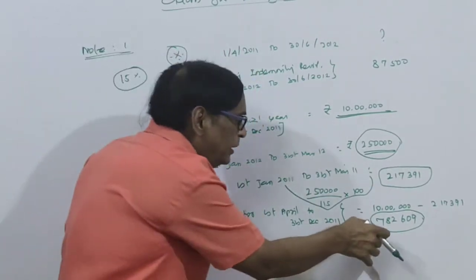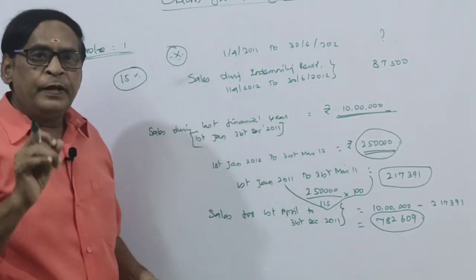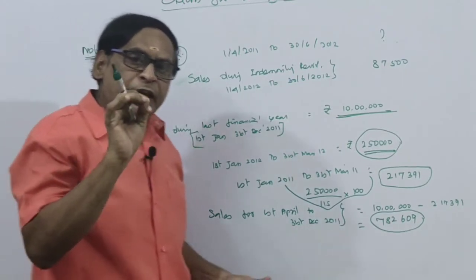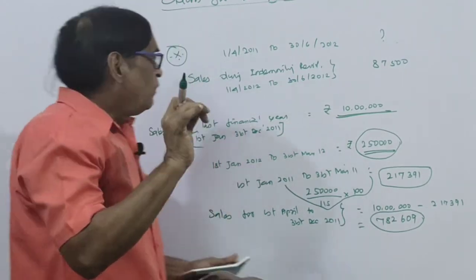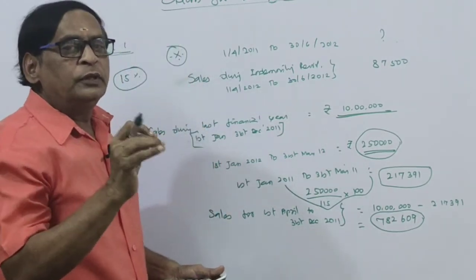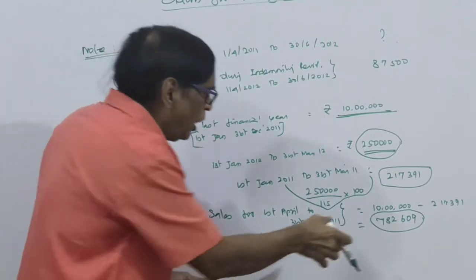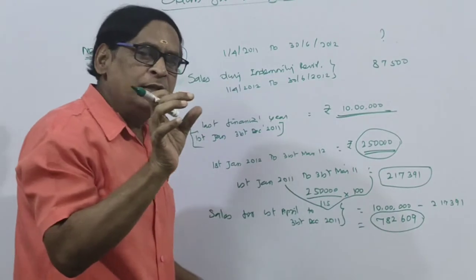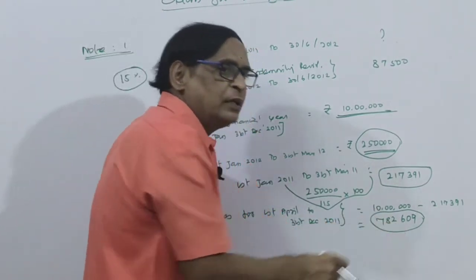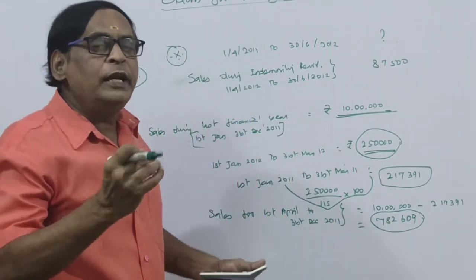So actually the indemnity period will be 1st April to 30th June. That is 3 months: April, May, June. So in order to find out 3 months sales from the 9 months sales, you have to calculate proportionately.